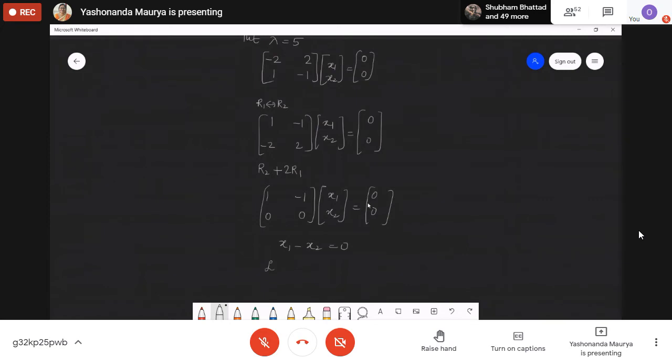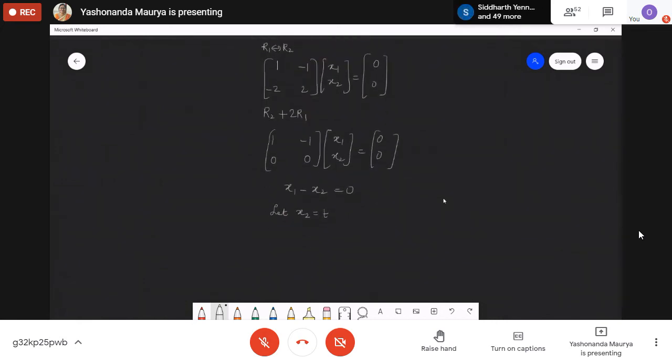You remember, can you recall what we have done in first year? Let x2 be t. Therefore, x1 will also be equal to t. Why is this x1 equal to t? Because x1 minus t is equal to 0.